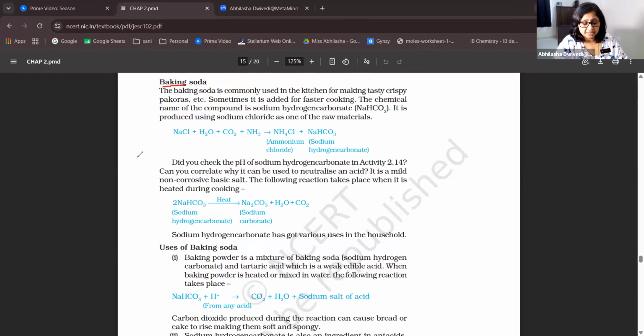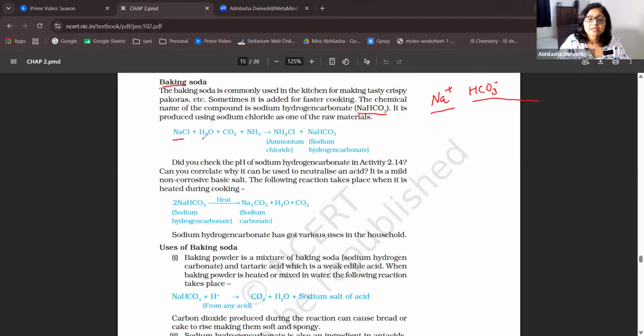That has the most important component called sodium hydrogen carbonate, which is made from sodium metal and the hydrogen carbonate ion. This is not the reaction you are looking at, but these are the two components. This is what I want to highlight here. So how is it formed?